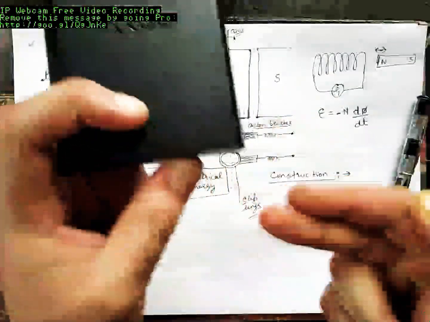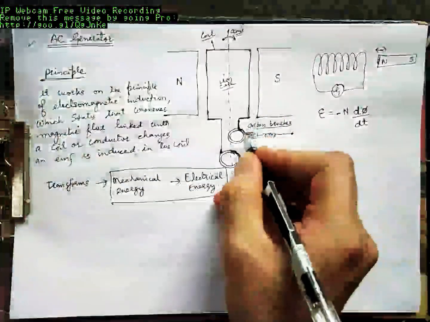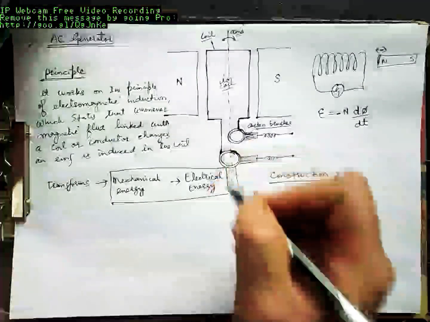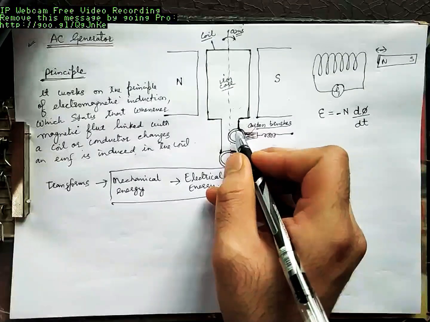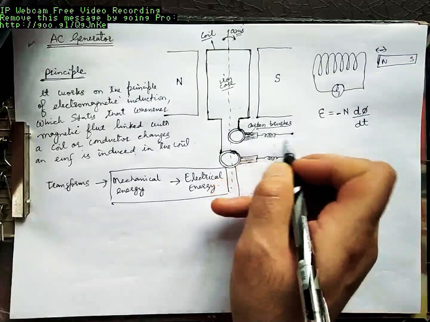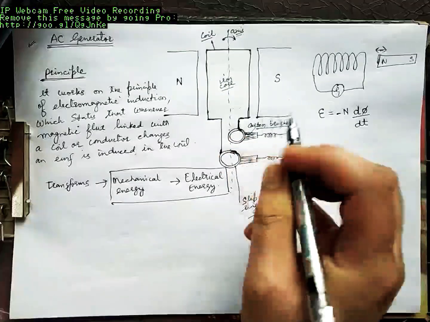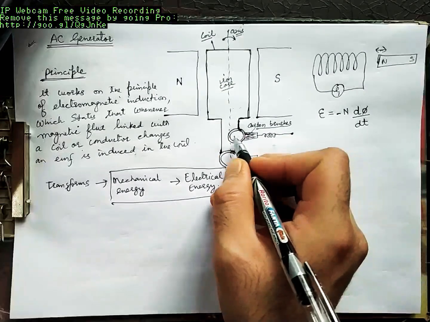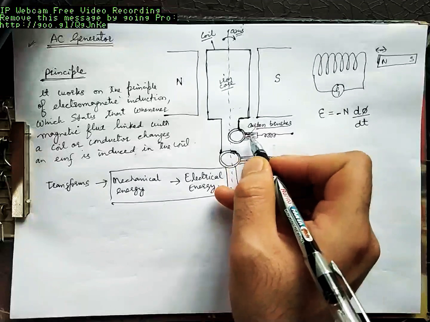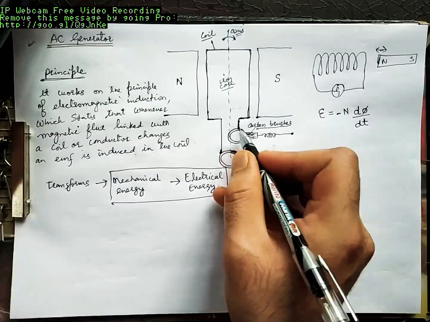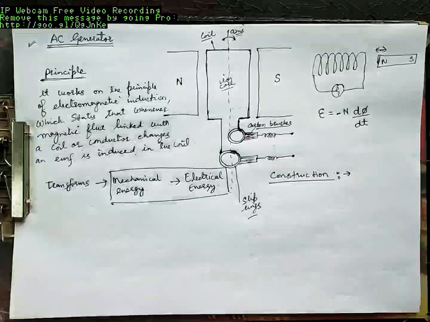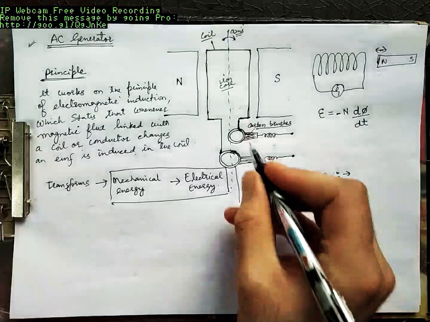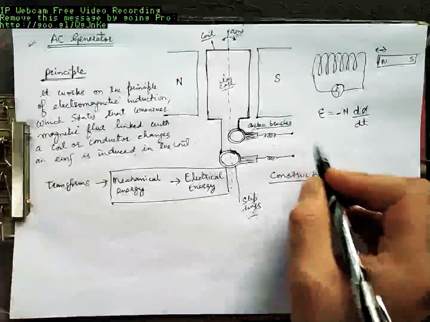This carbon brush is fixed, and this carbon brush slides on this slip ring. So there is always electrical contact between this carbon brush and this slip ring. But this wire won't get twisted with the coil now. Why? Because this carbon brush and this slip ring, they are free. This carbon brush is not permanently attached to this, it can just slide over the slip ring. Fine. So we have two slip rings over here, and then you have these electrical contacts where you can connect the load.